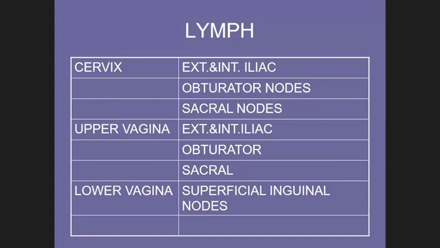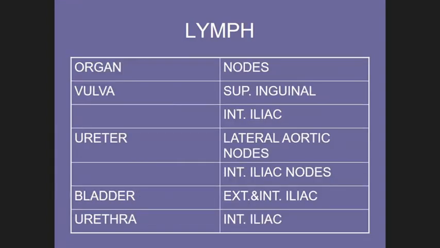See your cervix, you know all these. Right? And then the upper vagina: external and internal iliac, aortic and sacral. Lower vagina, of course, to the superficial inguinal nodes. When it comes to the vulva, again superficial inguinal, since the vulva is outside the vagina, and sometimes internal iliac.